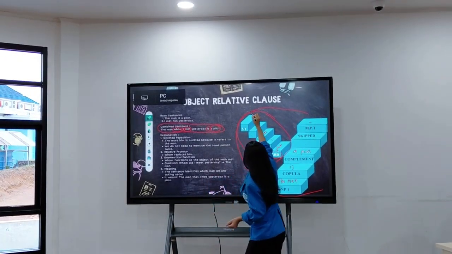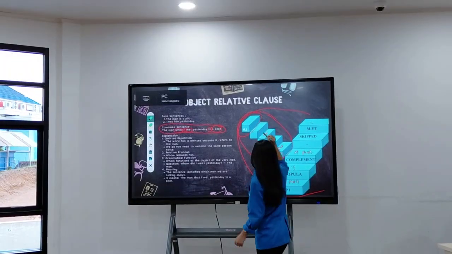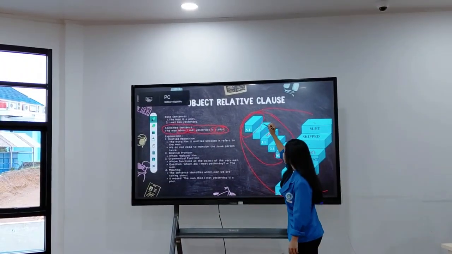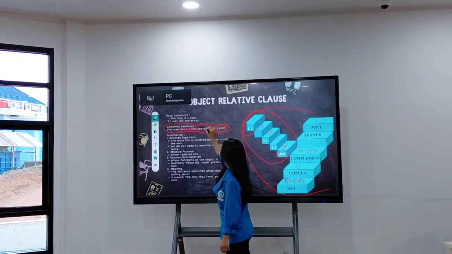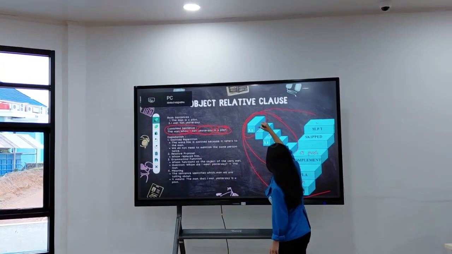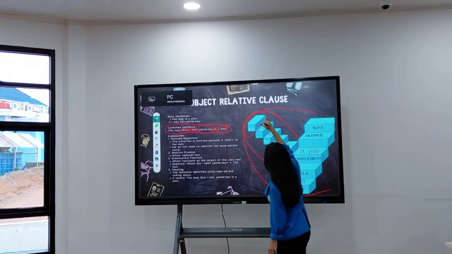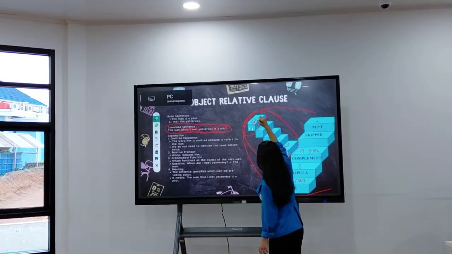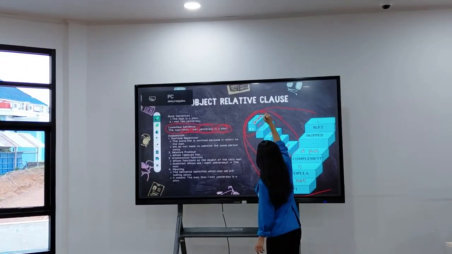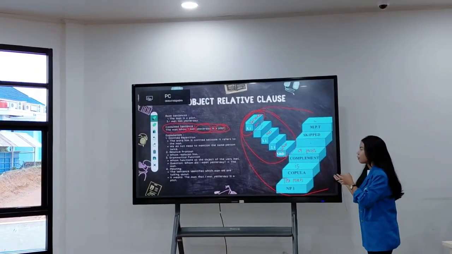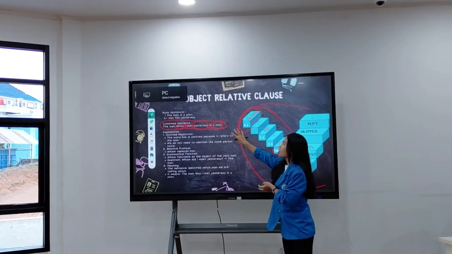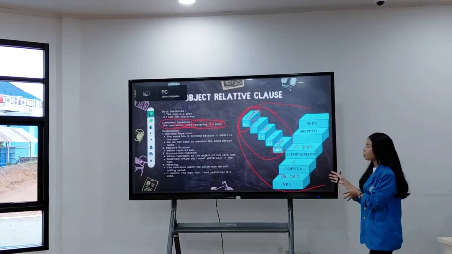And for this one, just skip. And for the last stage, this is MPT: yesterday. So this is stage 5 for the object relative clause.